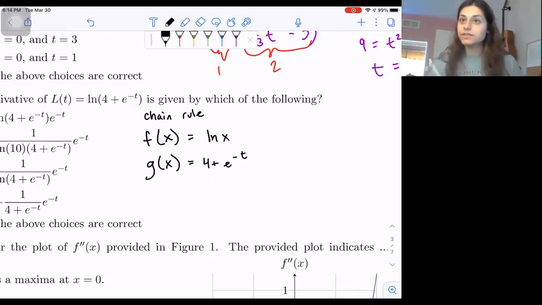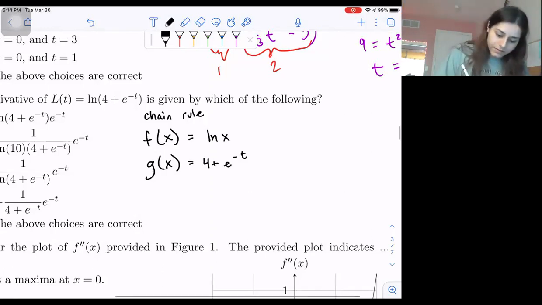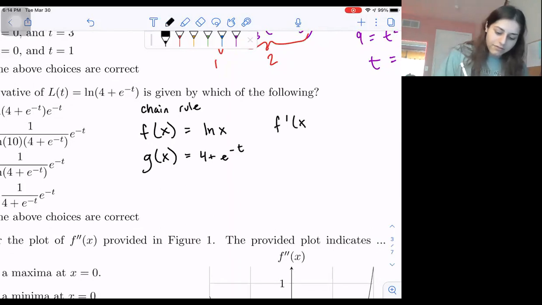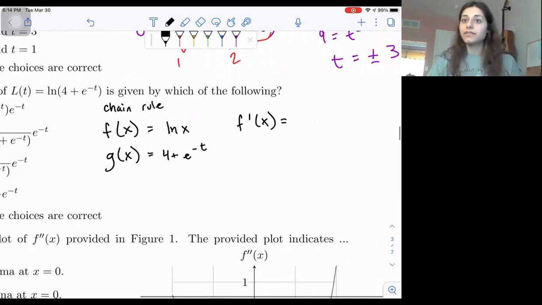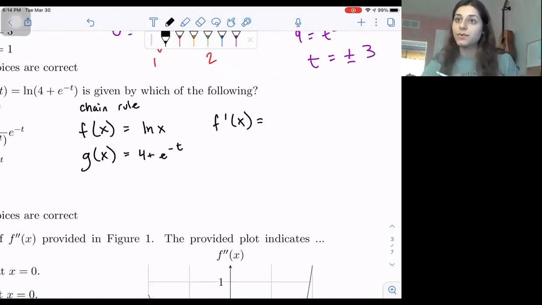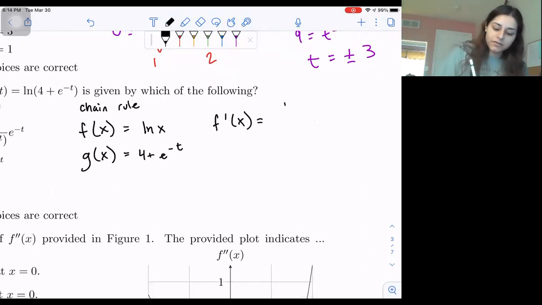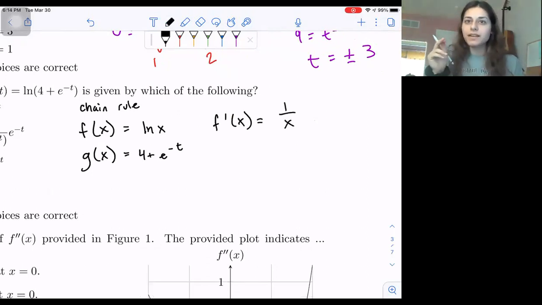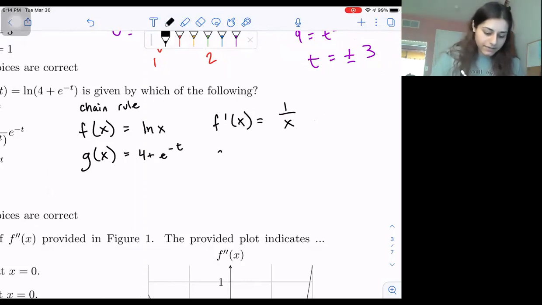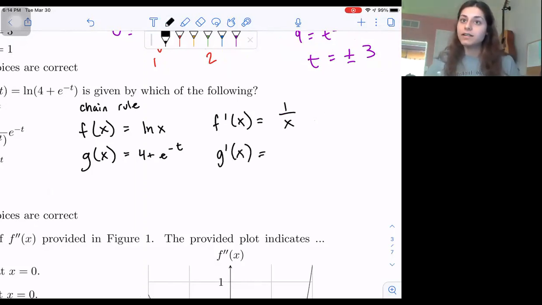All right, and then to use the chain rule, we're going to want to find the derivative of f of x and the derivative of g of x, and then we'll just follow it through. So the derivative of f of x: derivative of natural log of x is just 1 over x. That's a derivative rule. You should have that memorized. G prime of x: derivative of 4 is just 0.